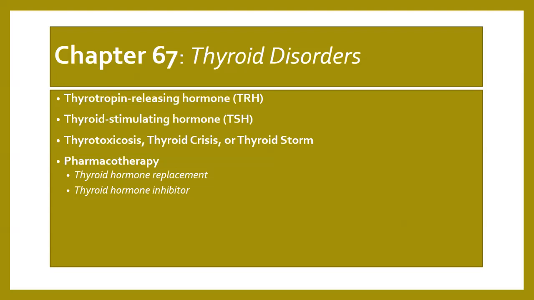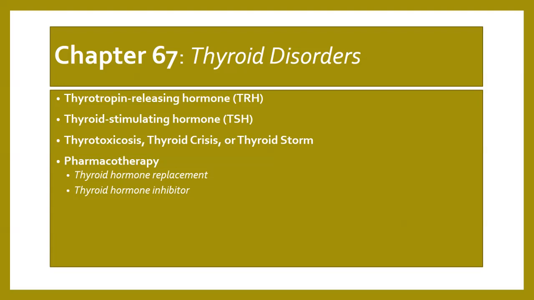Hypothyroidism in adults results in the slowing of your metabolic processes and myxedema. This is a mucus type of edema that is caused by an accumulation of hydrophilic substances in connective tissues.